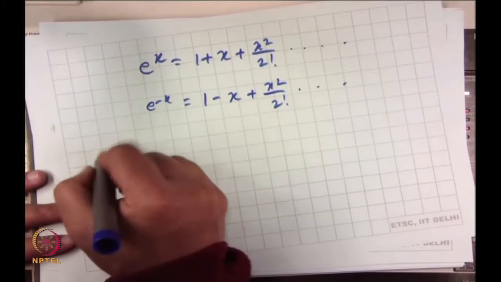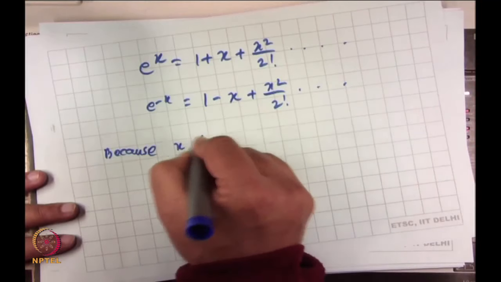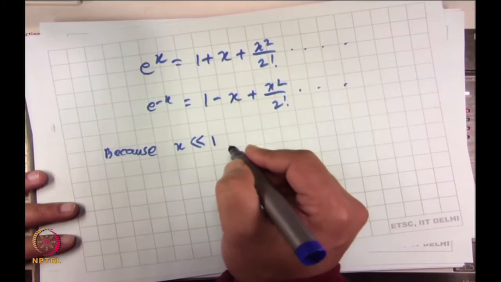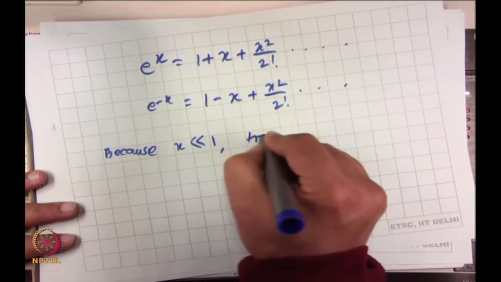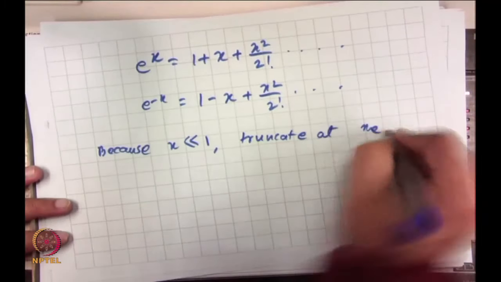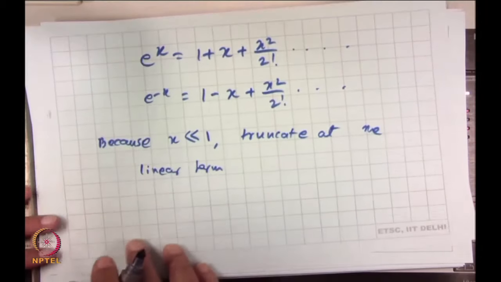But because x is much less than 1, or x is very small, what I can do is truncate at the linear term.